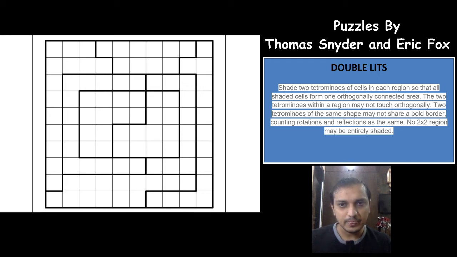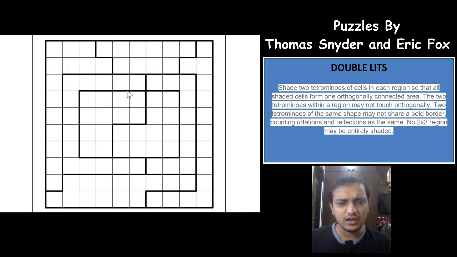You have to shade two tetrominos in each region in such a way that both of these tetrominos don't touch each other orthogonally, but as a whole in the grid all of the tetrominos will have to be connected to each other. When two tetrominos of different regions touch each other orthogonally, they must be of different shapes, and no 2 by 2 group of cells can be entirely shaded. That is what the rule says, and with that we'll start solving this puzzle.